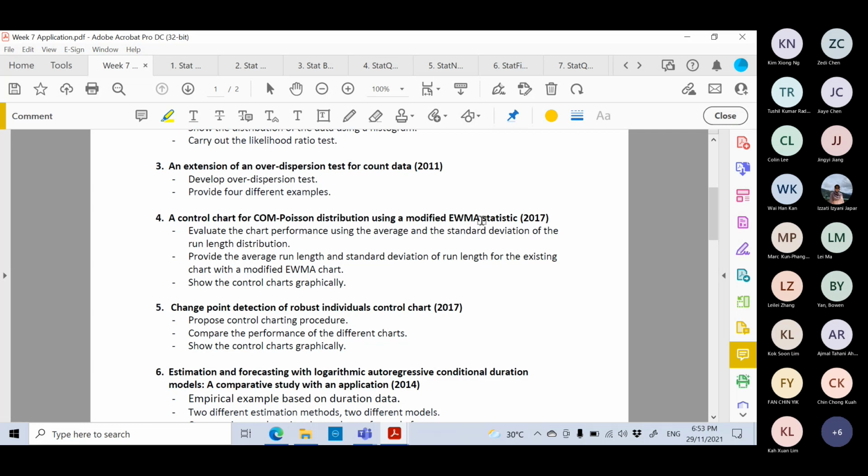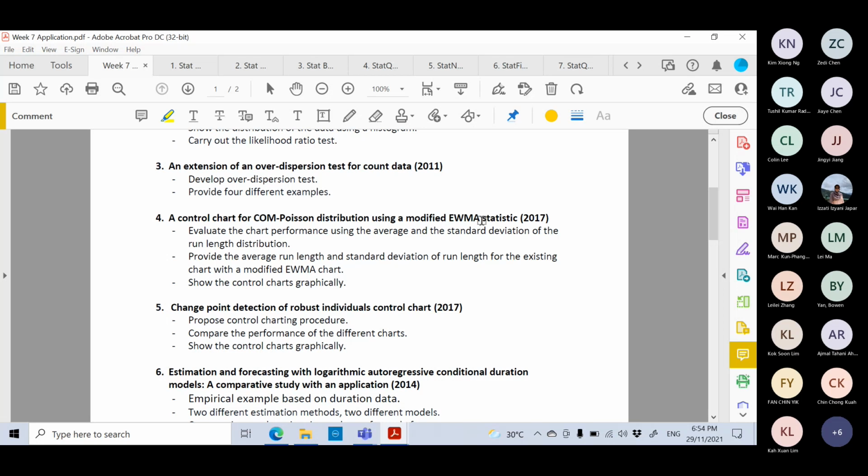In quality control, you have a control chart called exponential weighted moving average. But in this paper, they want to check the control chart when the data follow the Poisson distribution, and the technique they use is a modified EWMA chart.